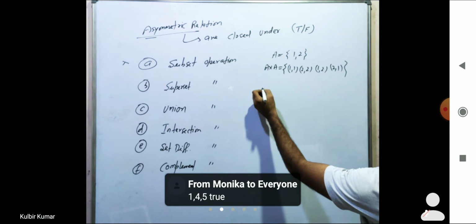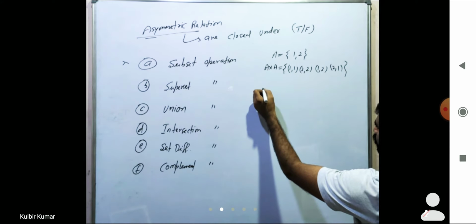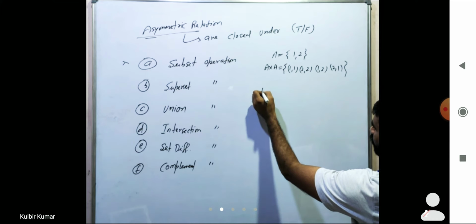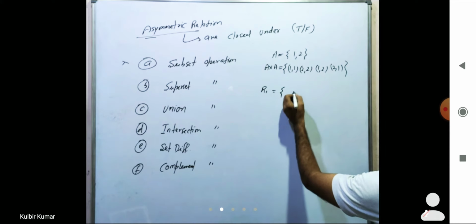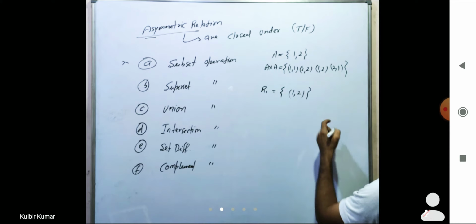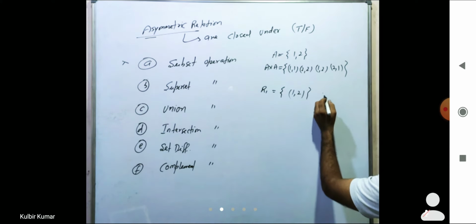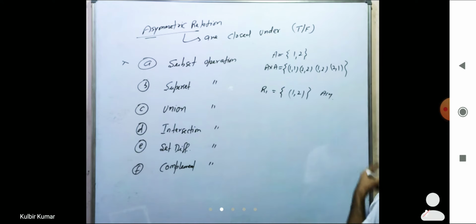So let me take relation R1, assume R1 is 1 comma 2. This is an asymmetric type relation.